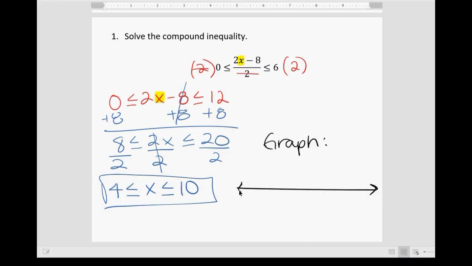So we're going to draw a number line, and I need to have 4 and 10. 4 is less than 10, so I'm going to put that on the left of 10. What this is telling me is that the solution needs to be between 4 and 10, and it can also include 4 and it can include 10. So I'm going to use brackets at 4 and 10. I'm going to face them inward because this is telling me that x is between 4 and 10. So my graph will look like this.